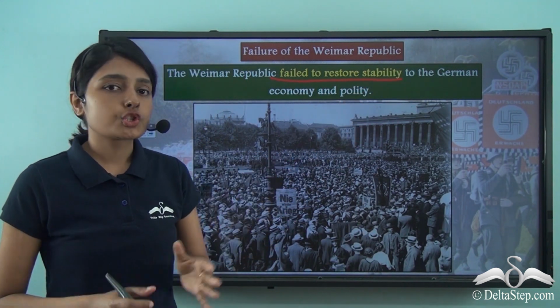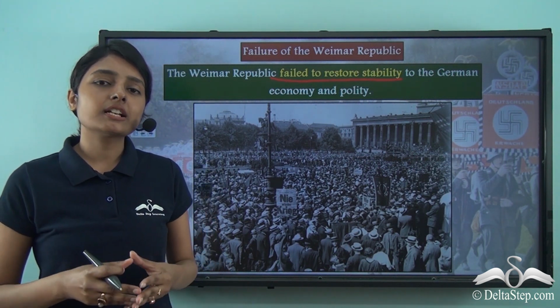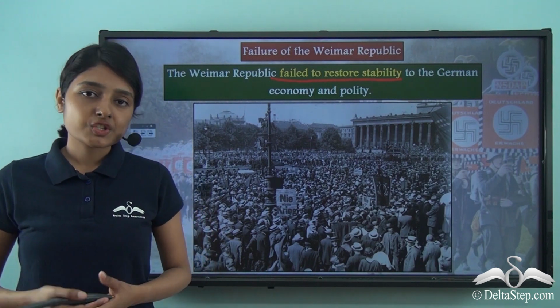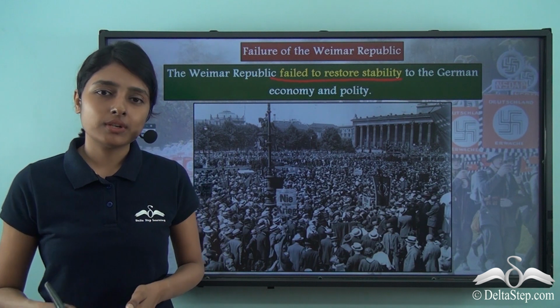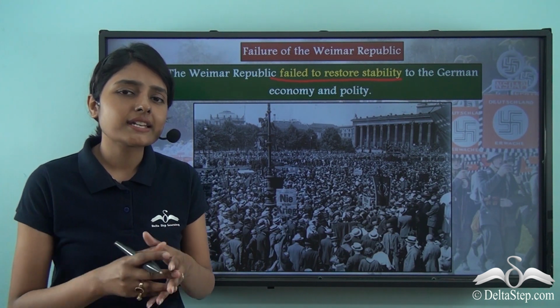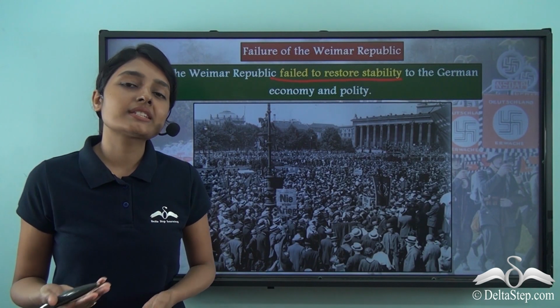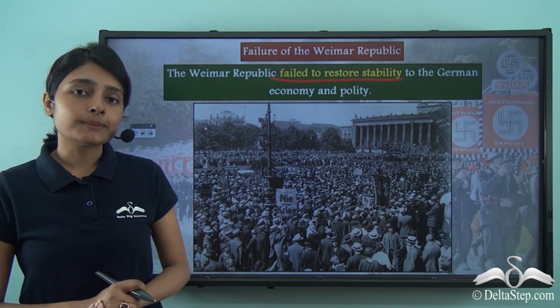economy or German polity. In our last lesson, we learnt about the political crisis that was happening in Germany following the First World War. The German population was divided among the communists, the socialists, the conservatives, who were all fighting amongst themselves. And in this lesson, we have been talking at great length about the economic crisis that Germany was enmeshed in.